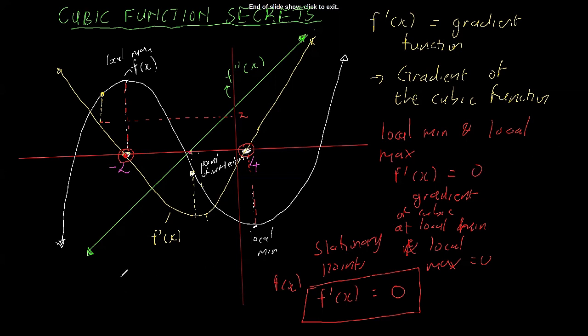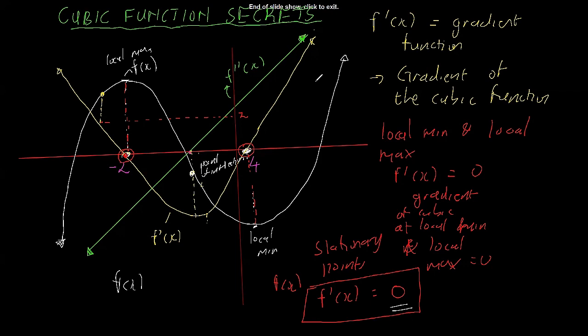To f of x. But why are you substituting them in f of x and not in f prime x? Remember, if you substitute them in f prime x, what you're going to get is 0, because the -2 and 4 here are the x-intercepts of the parabola graph. But this graph is only good to tell us about the gradient, and it cannot tell us about the y-coordinate.